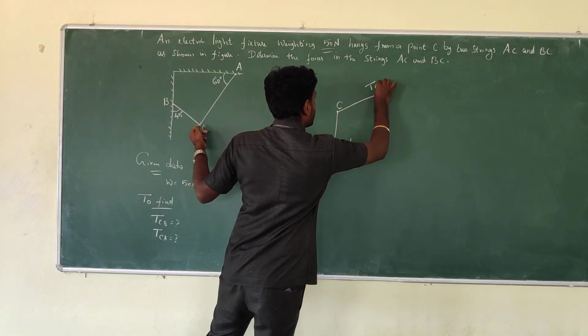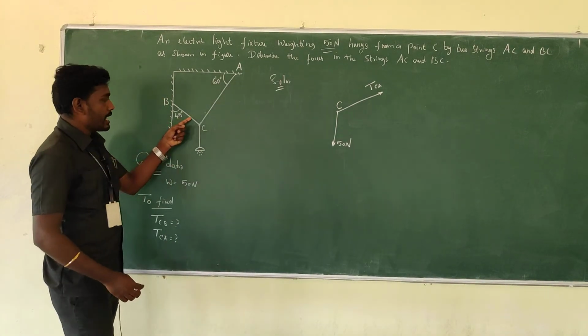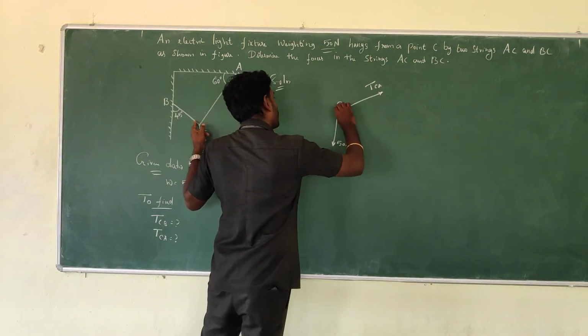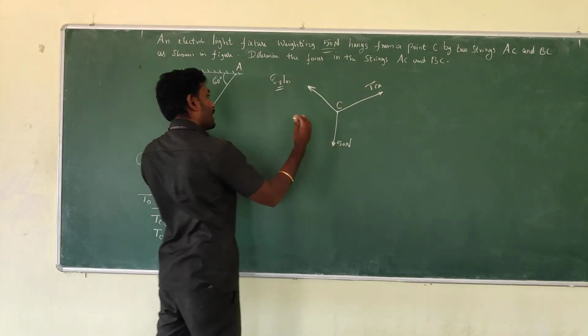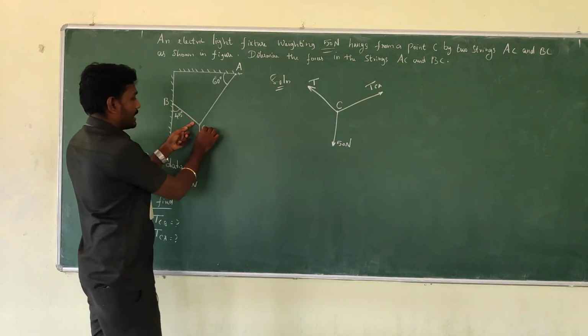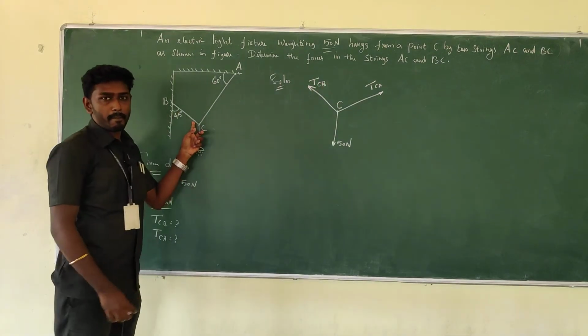I can say this is TCA. And then from C to B, there is a string, and the tension goes outwards. So I am going to take tension CB.